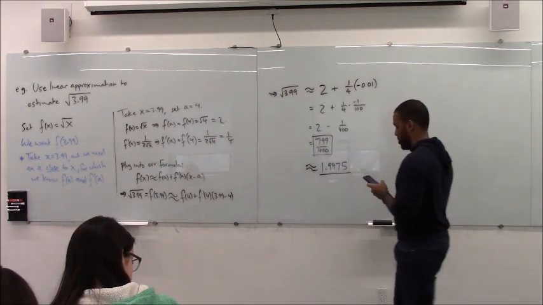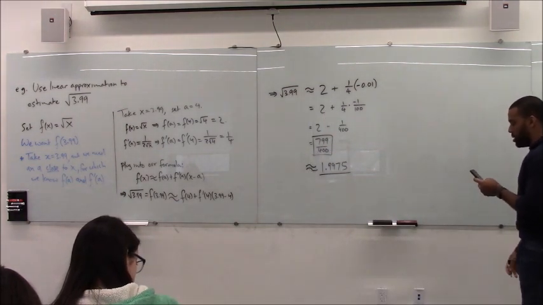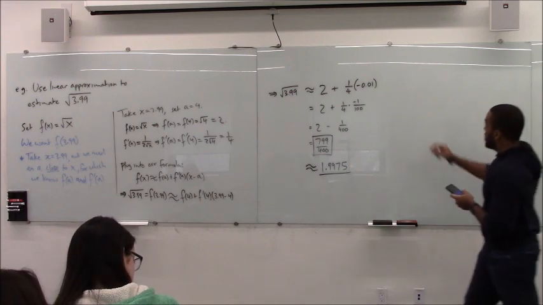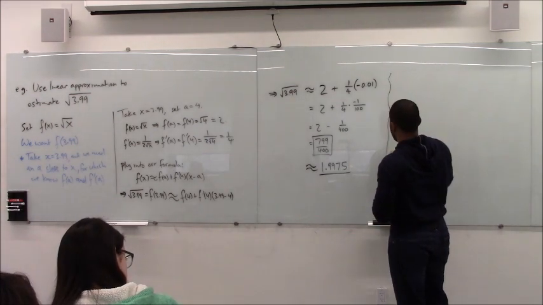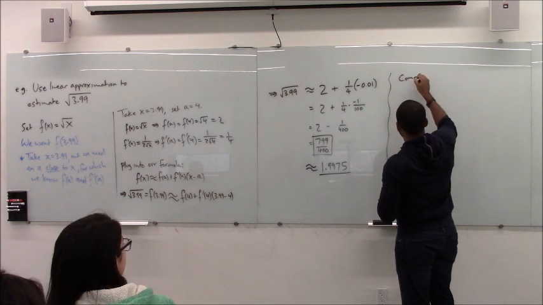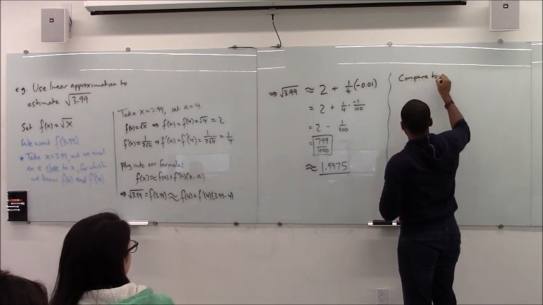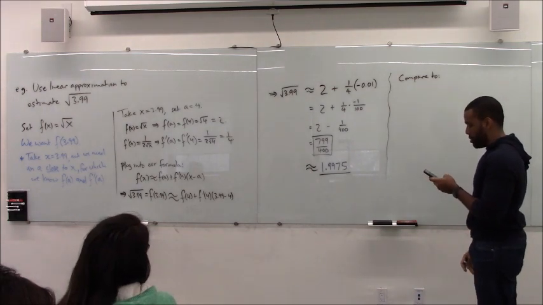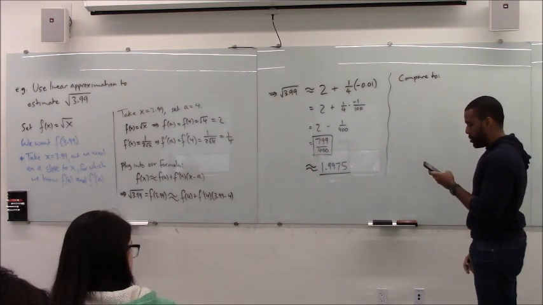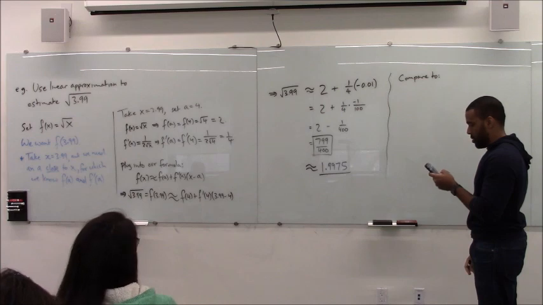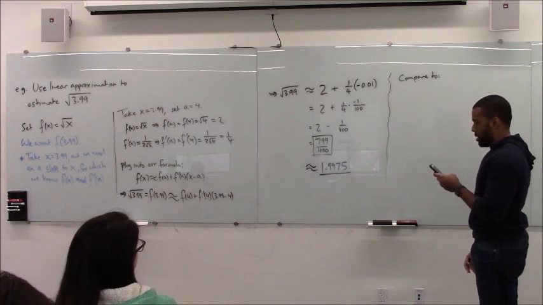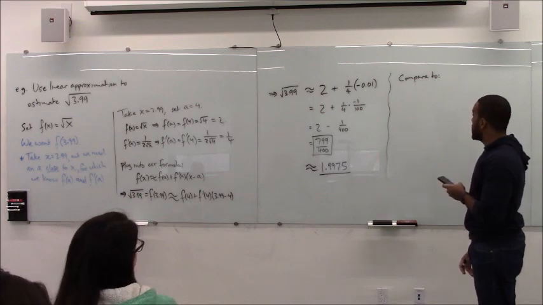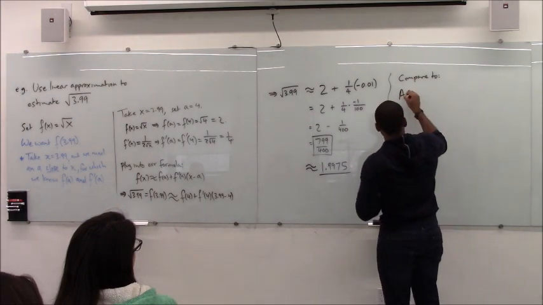That's the decimal version of that number. Now, let's compare it to the actual answer. I'm going to use my calculator now to compute the square root of 3.99. And what is actually the answer? The actual answer?